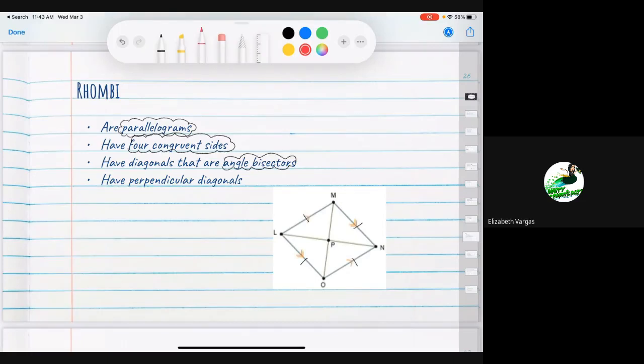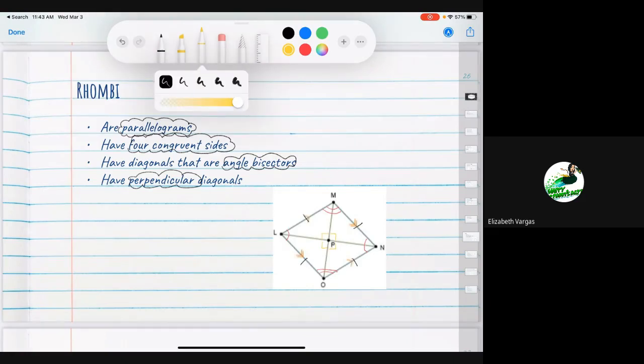So we can see here that these diagonals bisect those angles, so they cut them into two congruent halves. And those diagonals are also perpendicular, so they meet each other at 90-degree angles. So that's how we would classify a parallelogram as a rhombus.